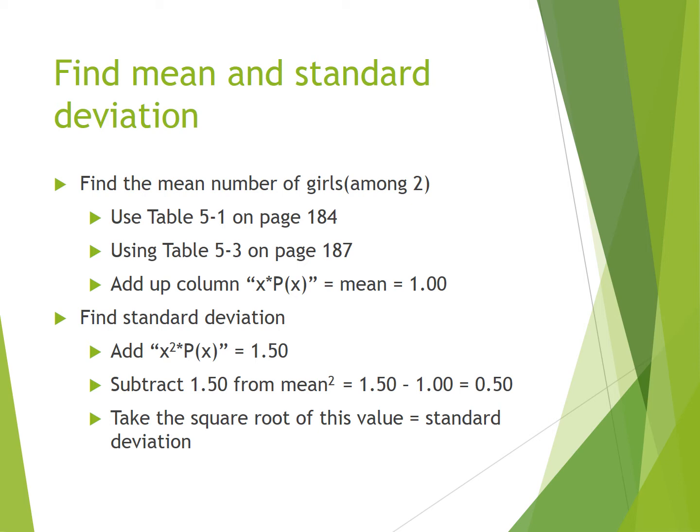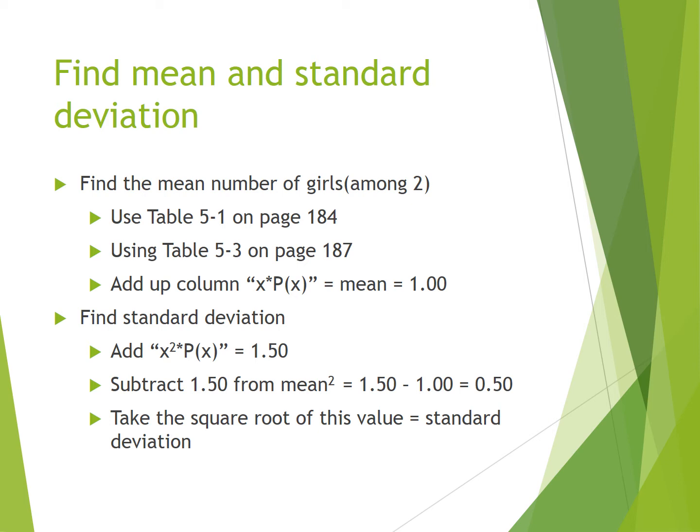Then your next column, let's do a fifth column called x squared times p of x. Now we're going to go 0 times 0.25, 1 times 0.5, and 4 times 0.25. Then add that up. When we add up x squared times the probability of x, you should get 1.50.